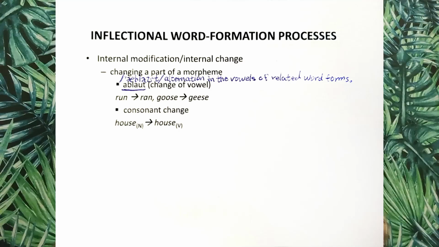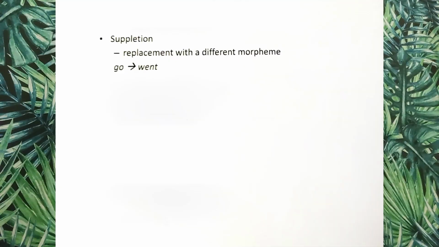So from house to house, from noun to verb, right? So this is about changing part of a morpheme. Particularly we are talking about changing of a vowel and changing of a consonant, as those examples are given here. And it's about internal modification.